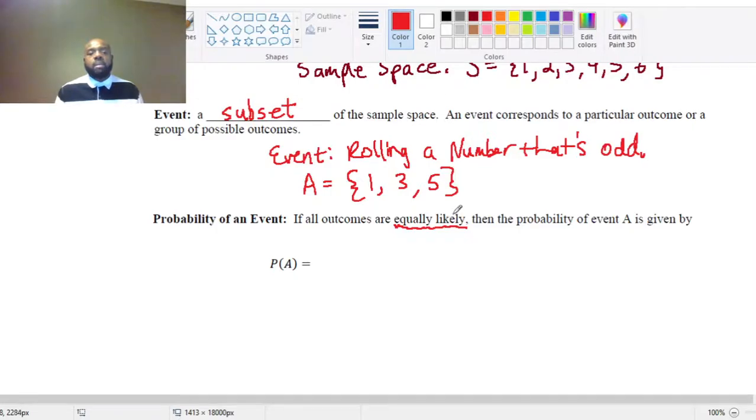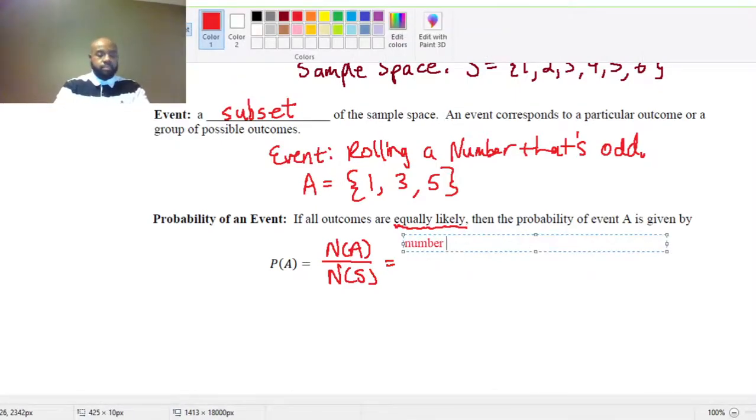That's what equally likely means, that everything has the same probability of occurring. When that is the case, the probability of the event, P of A, the probability of event A, is N of A over N of S.